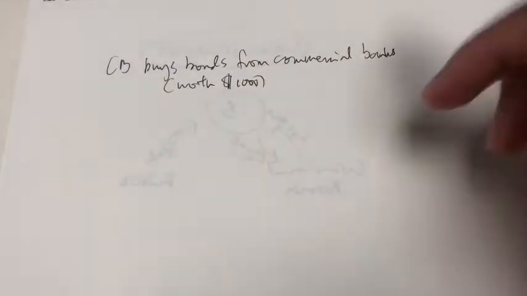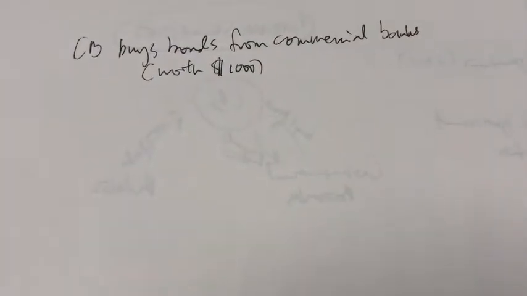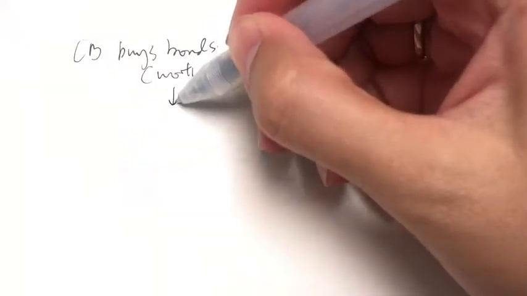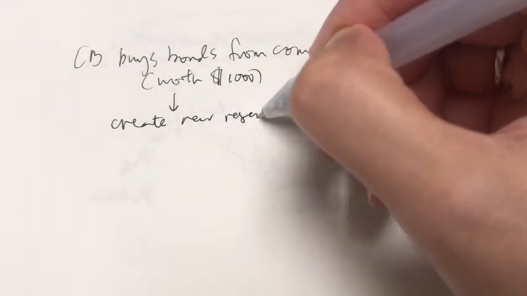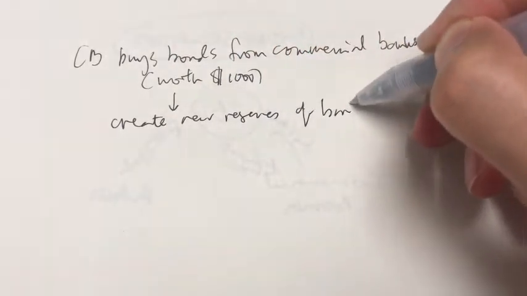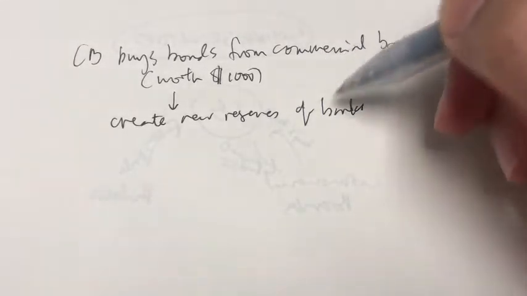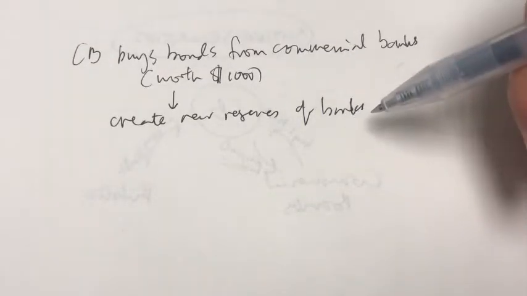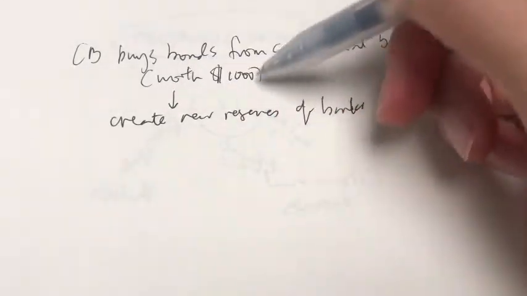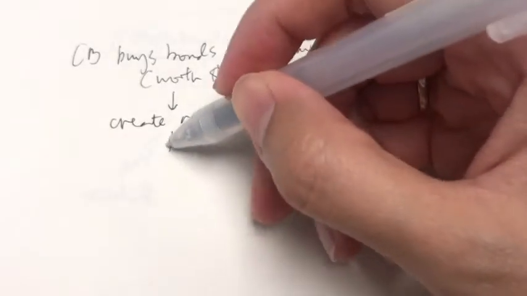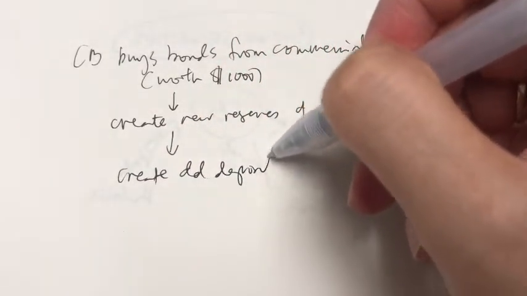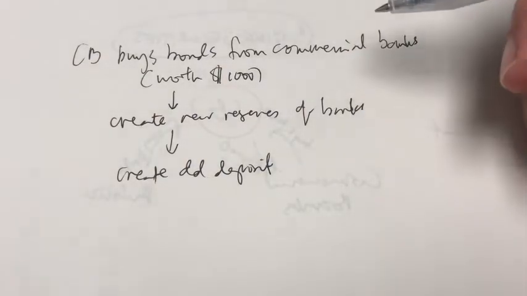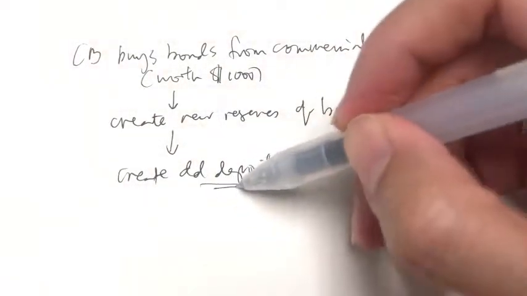So what happens is, it will create new reserves of the commercial banks by the entire amount of this purchase. Now it will create a demand deposit, because the bank has additional ability to lend. So this will increase the money supply.